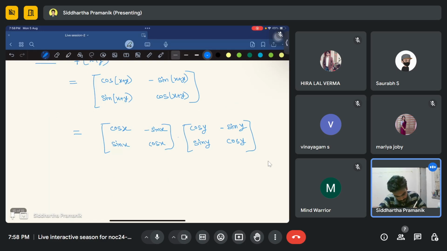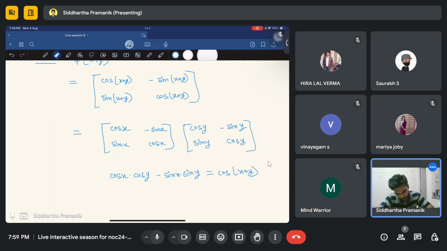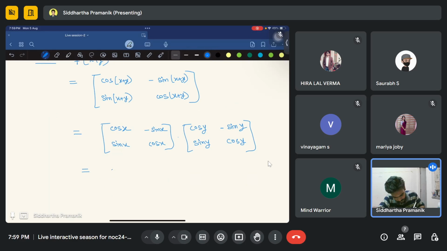The first row will be cos x cos y minus sin x sin y, right? And this is exactly cos of x plus y. Similarly, you can find the other terms also. So this is basically f of x times f of y.